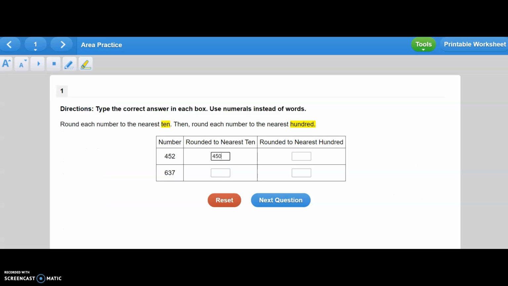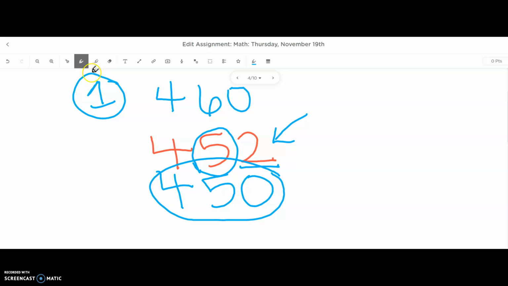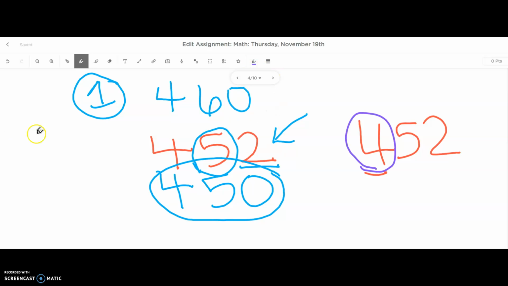Now right next to it, we need to find to the nearest hundreds place. So I'll write out that same number, 452, but now I'm finding the hundreds place. So I find the place. Now if I'm counting by hundreds, that's like 400, 500, 600, 700.